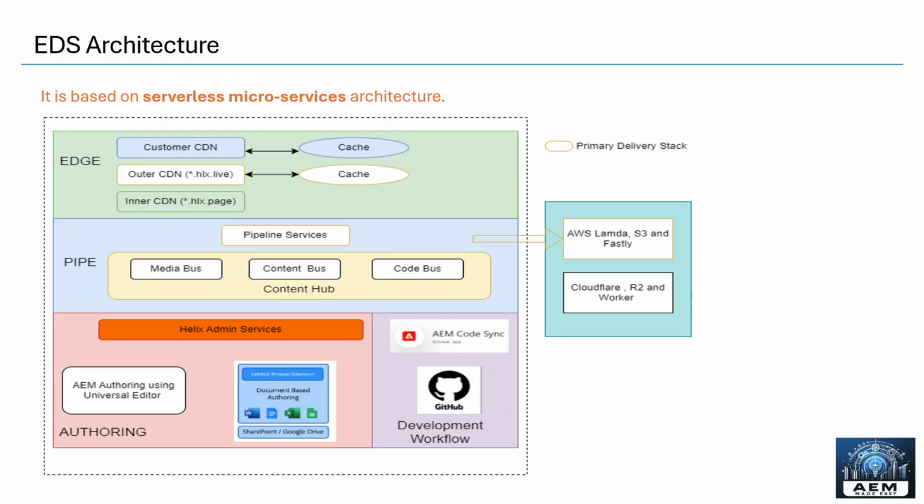Apart from preview, publish and code syncing, other functionality of the Helix admin service includes clearing the outer CDN cache when you publish any page, and indexing all of this content. Basically, it triggers the reindexing of the content bus, and I'll explain how when I talk about these features of EDS in upcoming videos.